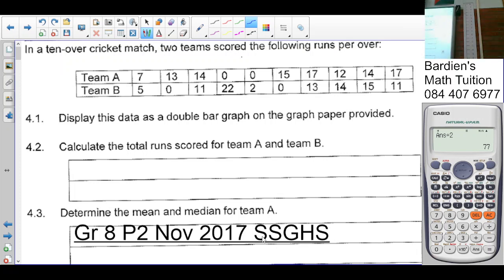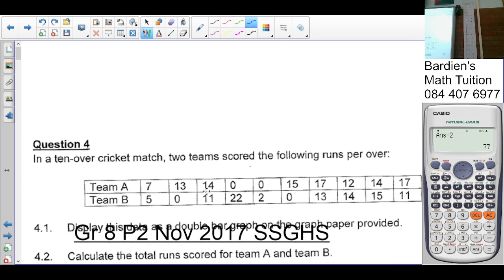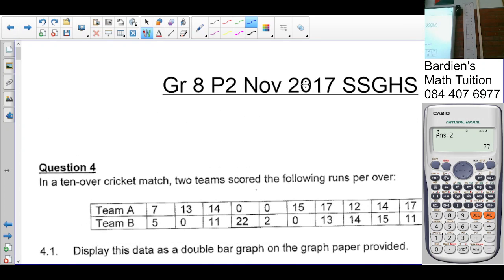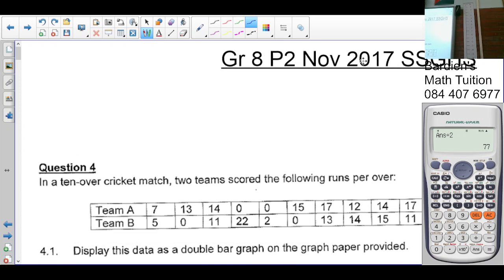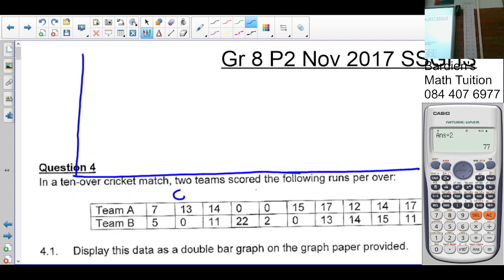So this is how it goes. I just need some space here. A double bar graph will look something like this. Here we've got team A, 10 overs. So we're going to have your overs here, and here's your runs per over. There are 6 balls in the over.